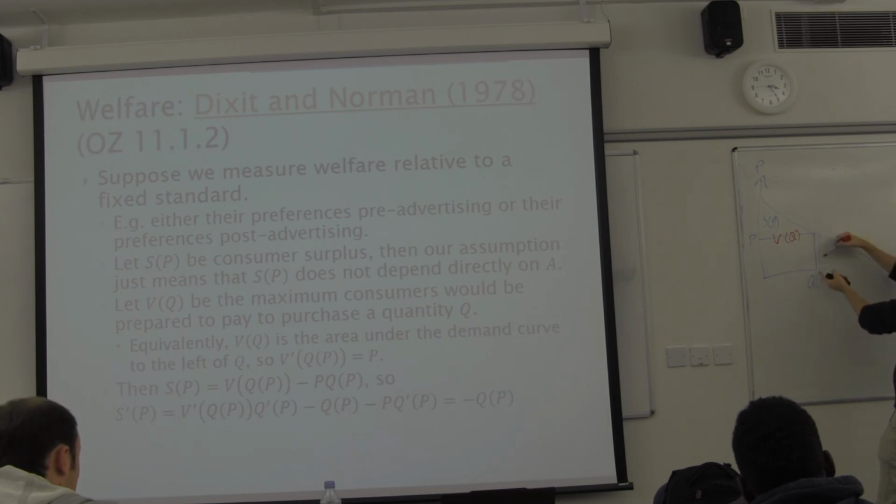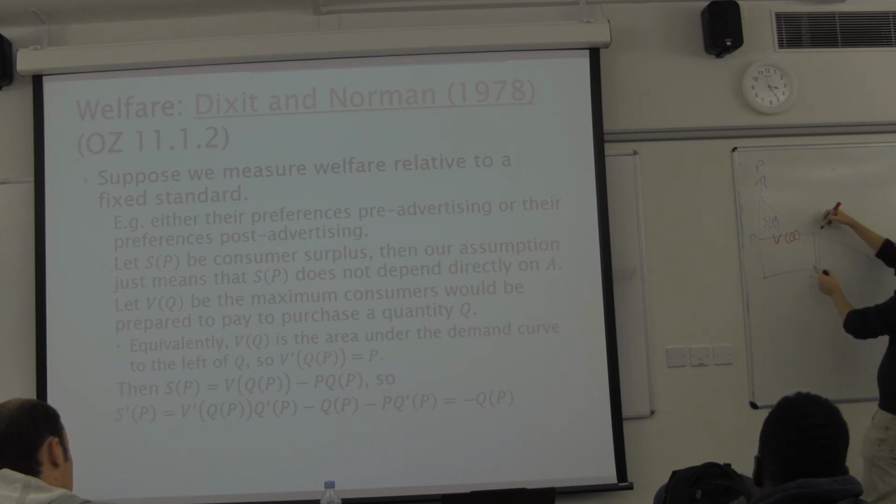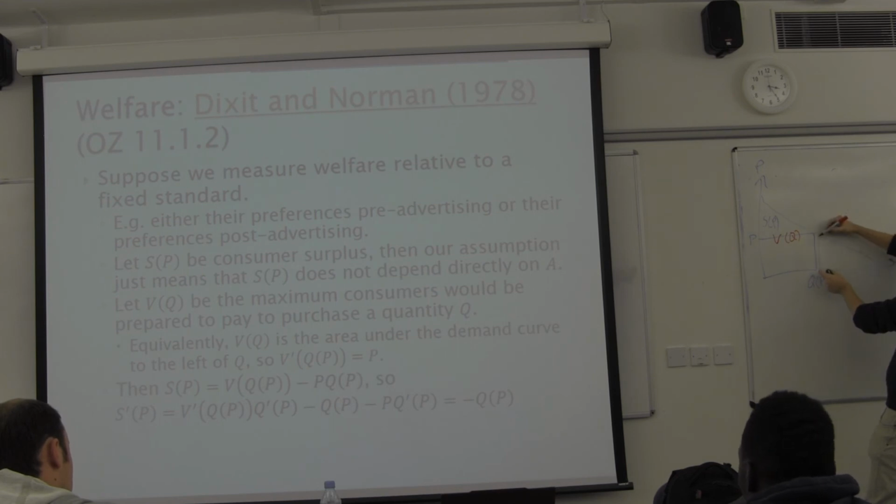Well, it's increased by the height of this line, which is P. Does that make intuitive sense? If you increase quantity by some unit delta, then V of Q increases by a rectangle that's like delta times P.